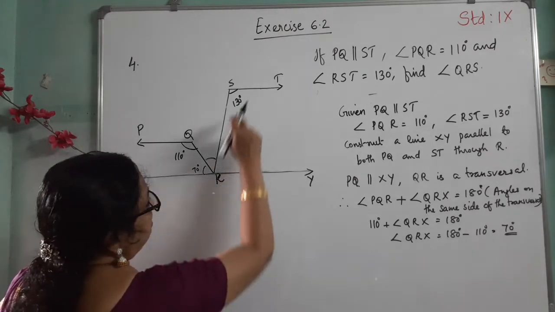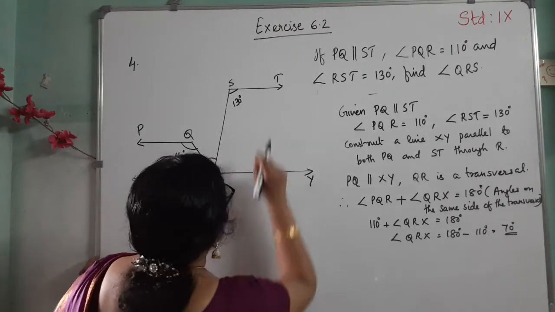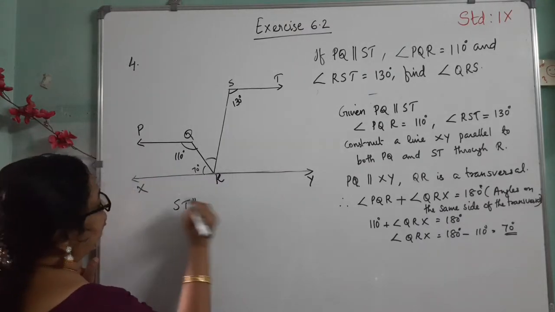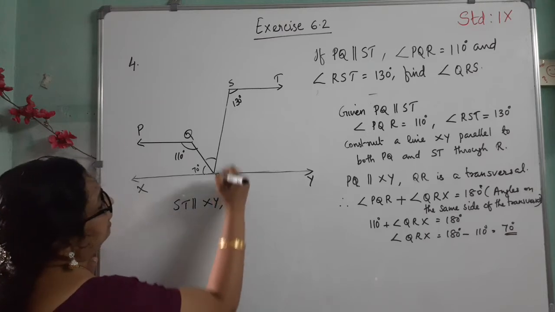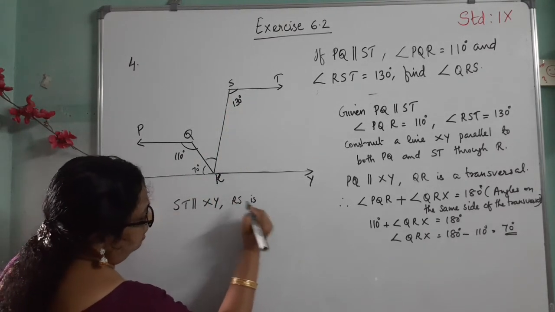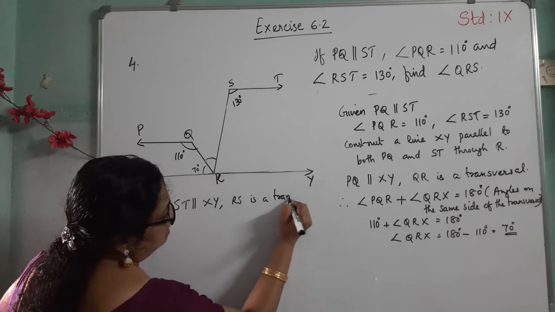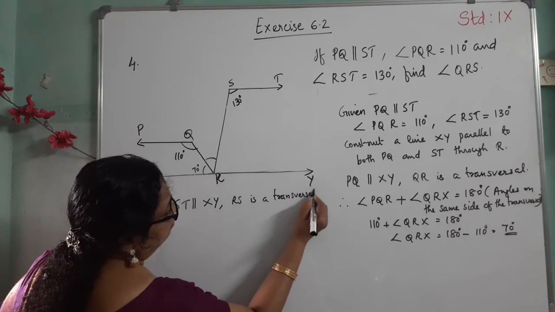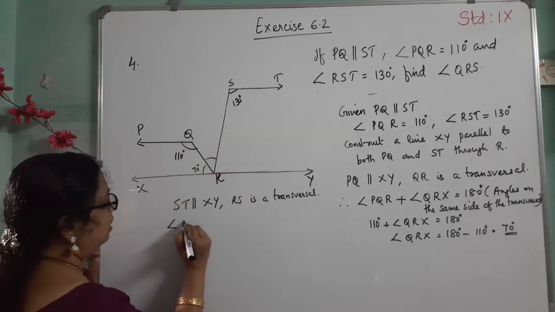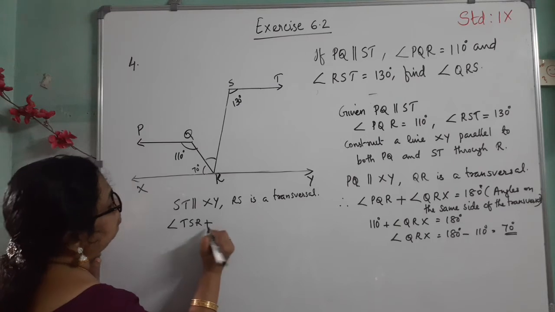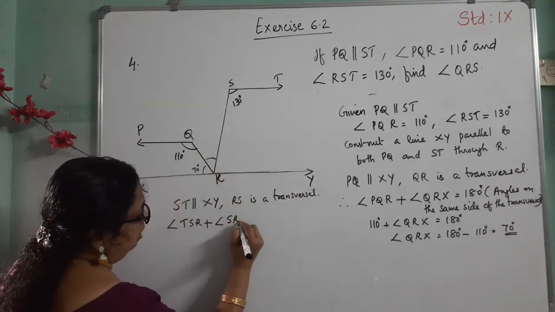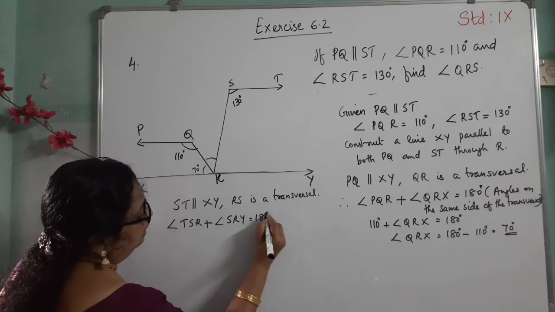Then we want to find out this angle. For that, next we can write ST is parallel to XY and RS is a transversal. Then we can write angle TSR plus angle SRY equals 180 degrees.